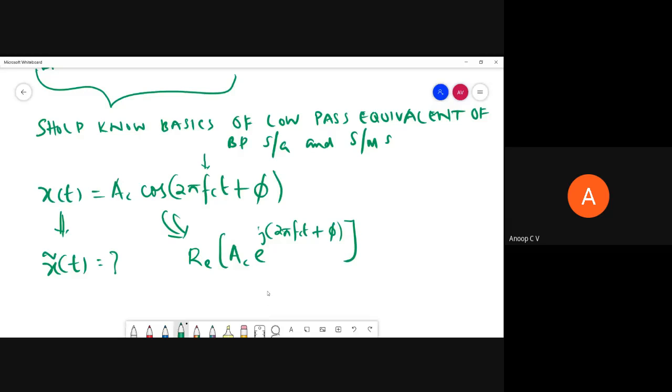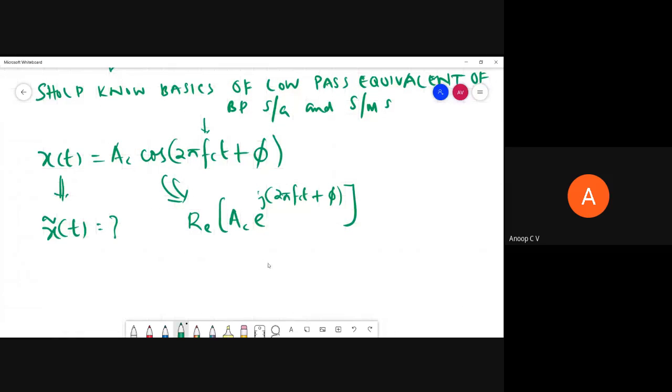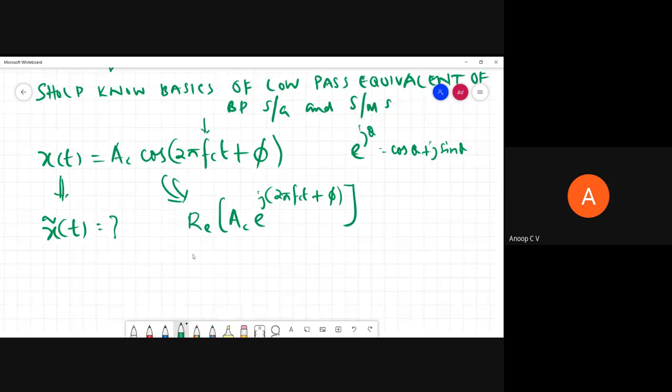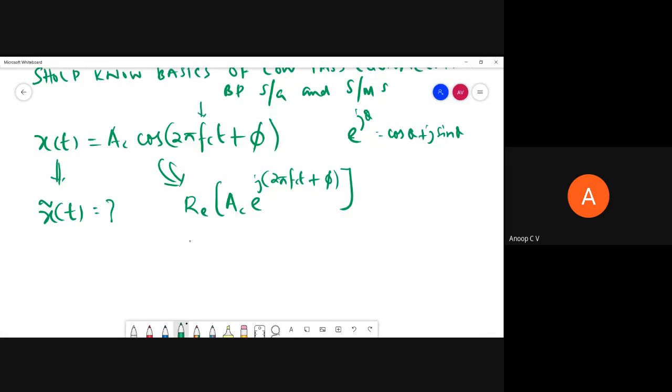It's just Euler's relation: e power j theta is cos theta plus j sin theta. So A_c cos(2 pi f_c t plus phi) I can write as the real part of A_c e power j(2 pi f_c t plus phi). I think you'll be able to accept it.